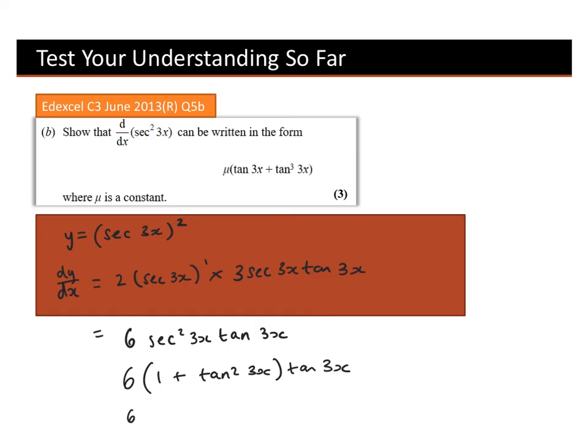So we're going to get 6 tan 3x plus 6 tan cubed 3x. So in this case, our answer is 6 tan 3x plus tan cubed 3x. This is why it's really important to have all of those formulas, because you could easily miss sec squared here, couldn't you? But if you have them all in front of you, you know then, okay, I've got to substitute it in for that.